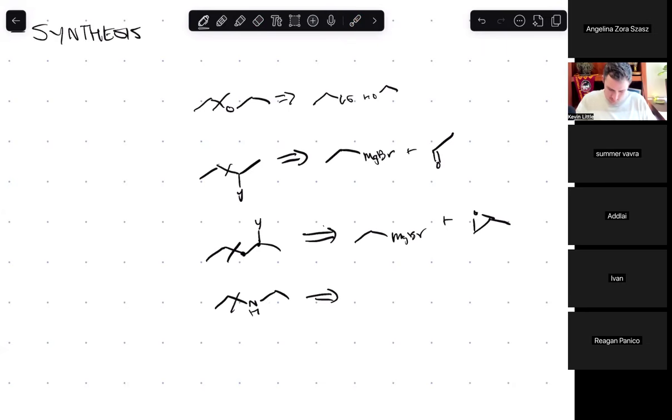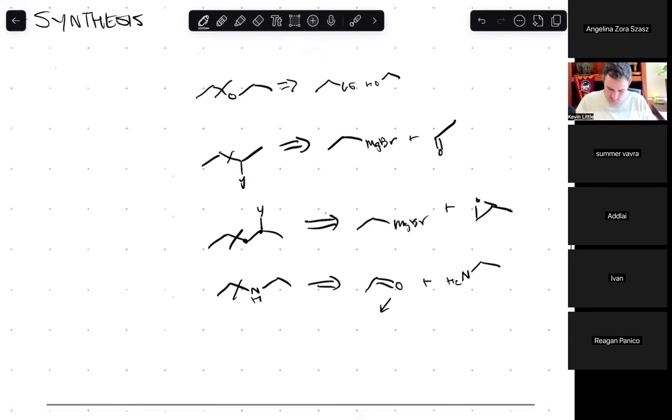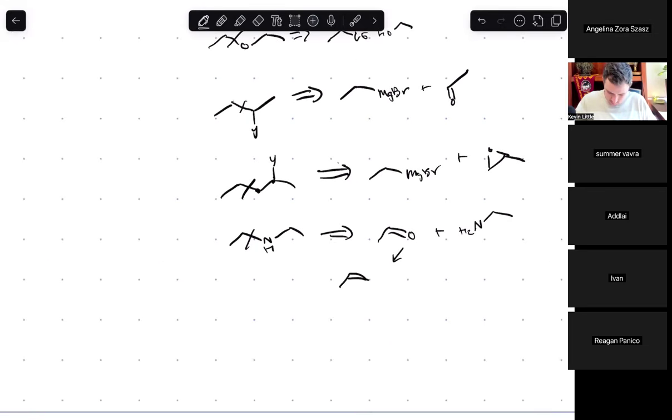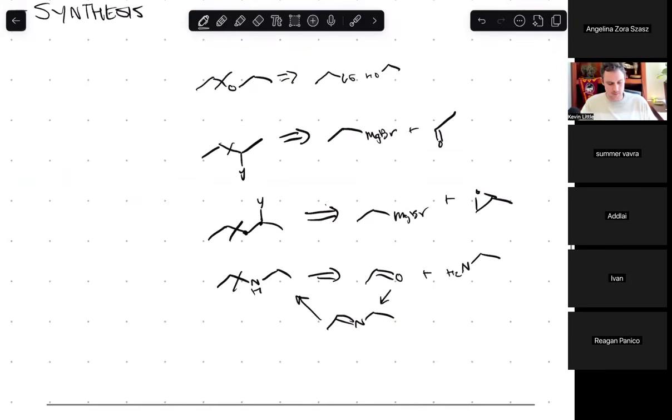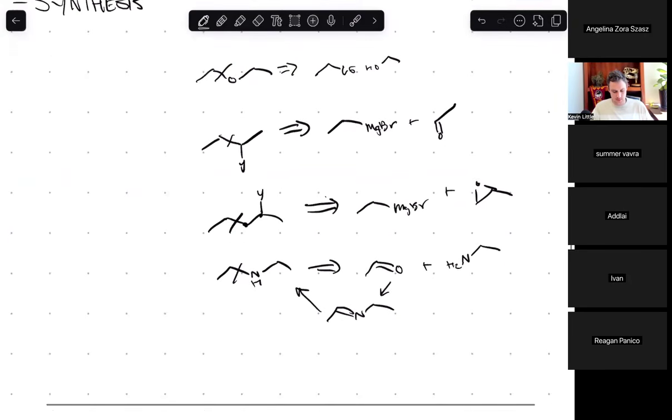Right, instead of a leaving group here like we had with the alcohol, nitrogen's just a little bit different. We've got to do a carbonyl here. And that actually doesn't form that directly. It forms an imine, which we can then reduce. So yeah, nitrogen's a little bit different.